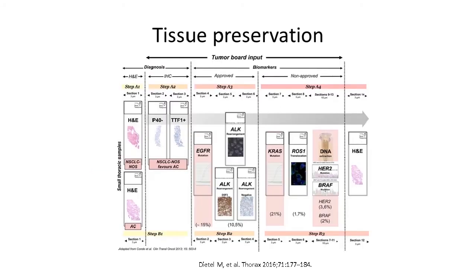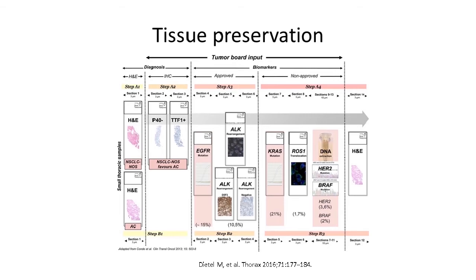So there's an increasing list of different predictive markers that we need to ascertain in these often very small biopsies. And that's based, for instance, in the case of PD-L1, now on quite a large number of different clinical studies which have proven the efficacy of PD-L1 as a predictive marker for immunotherapy.